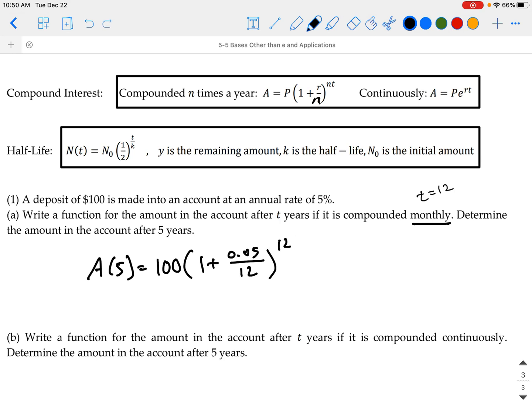And then after 5 years, 12 times 5, so to the 60th. So this should be a quick calculator calculation. So looks like we're going to have $128.34 if we round.